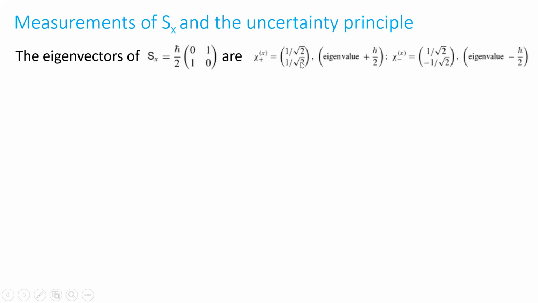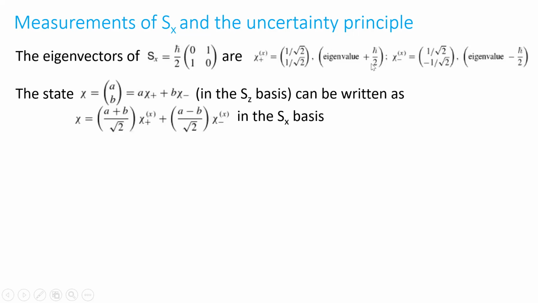These are expressed in the basis of spin up and spin down for Sz. So this would represent 1 over the square root of 2 times spin up plus 1 over the square root of 2 times spin down, the eigenstate of Sx with eigenvalue plus h bar over 2.